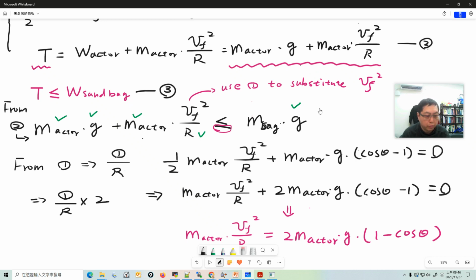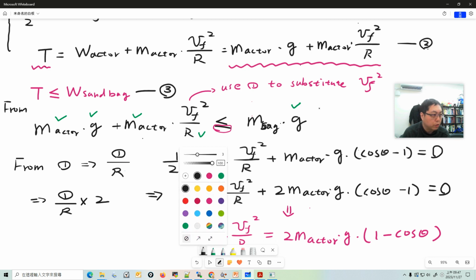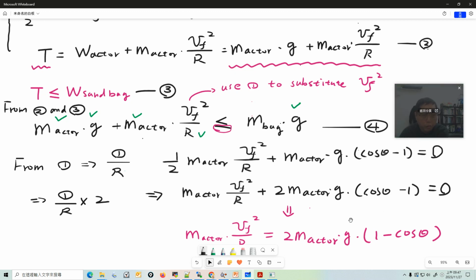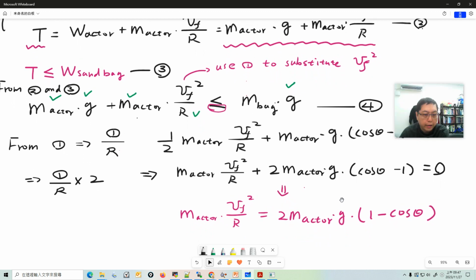From 2 and 3 we will have this equation. This is 4. This is the bag. Okay, so I can substitute.